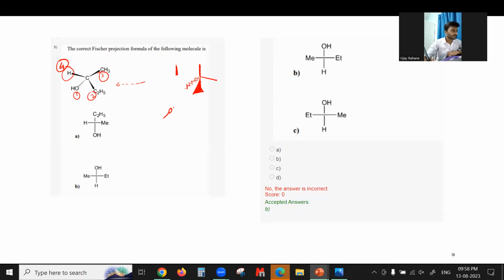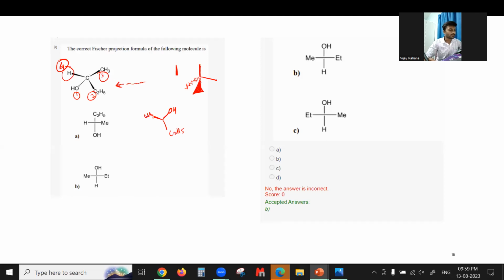The hydroxy group will be here. In stereochemistry you need good imagination power as well. We need to see the molecule from the backside.